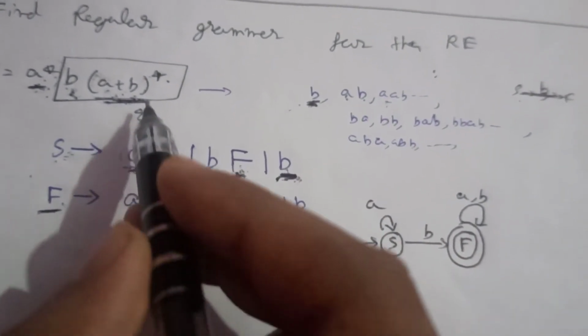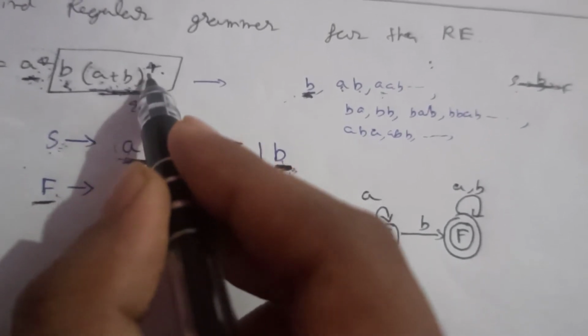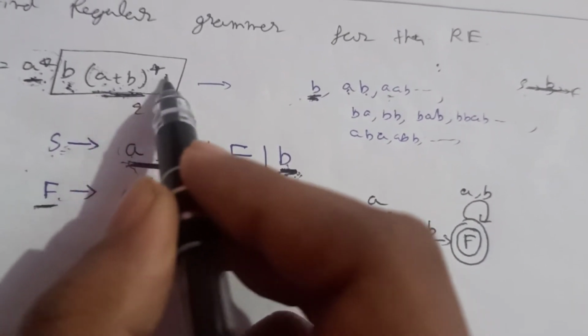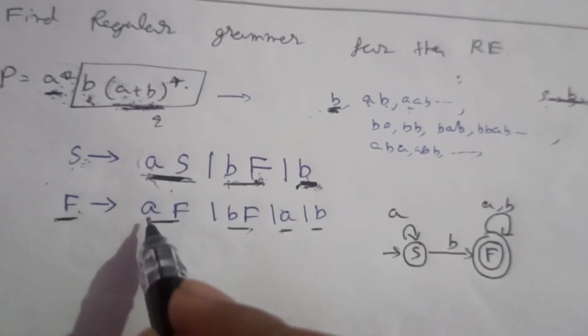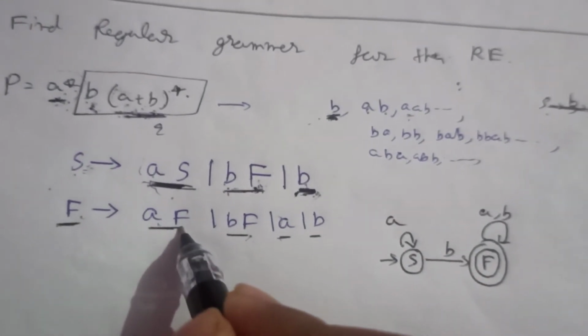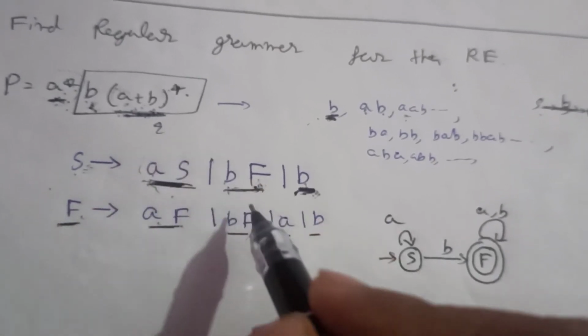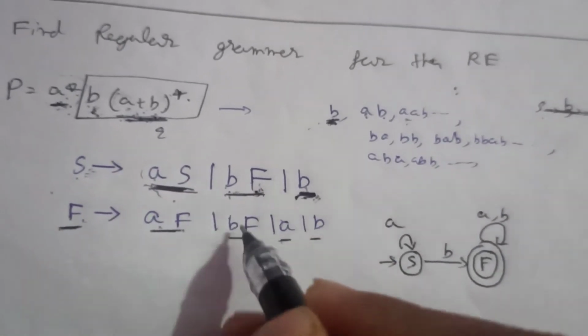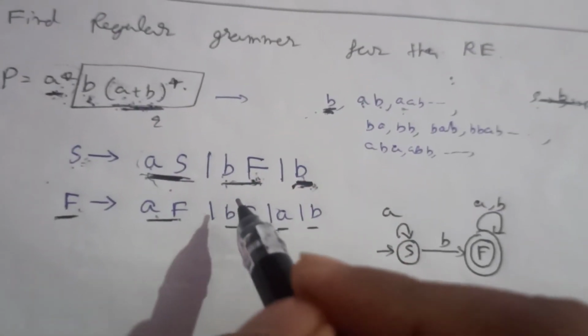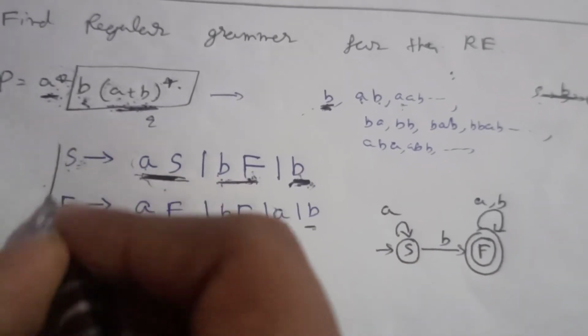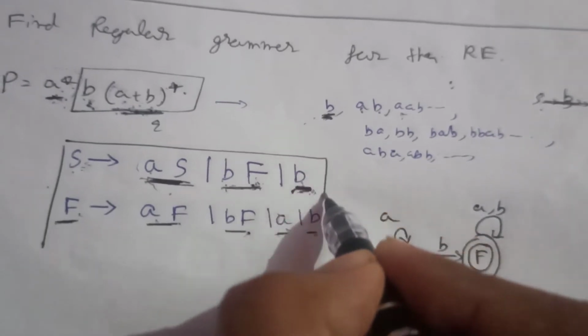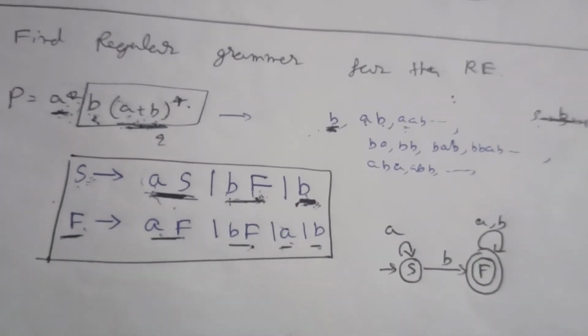For the final state I will deal with A plus B whole star. A plus B whole star means there must be a self loop for both A and B. So if it receives A it will also reach the final state, or if it receives B it will also reach the final state, and if it reaches the final state for a particular terminal, then I will have to write the terminals also. So this is the production rule set we are going to deal with.